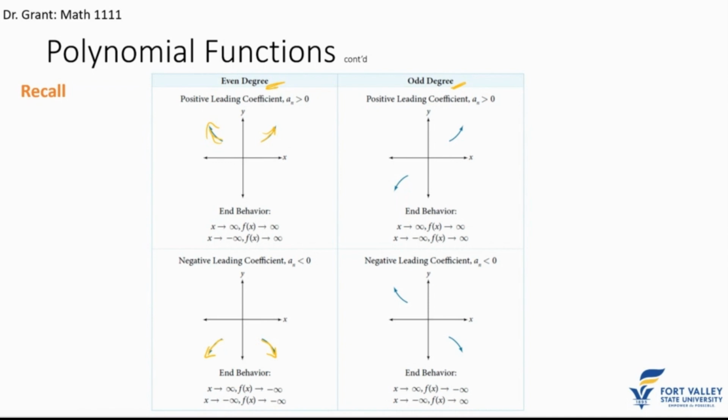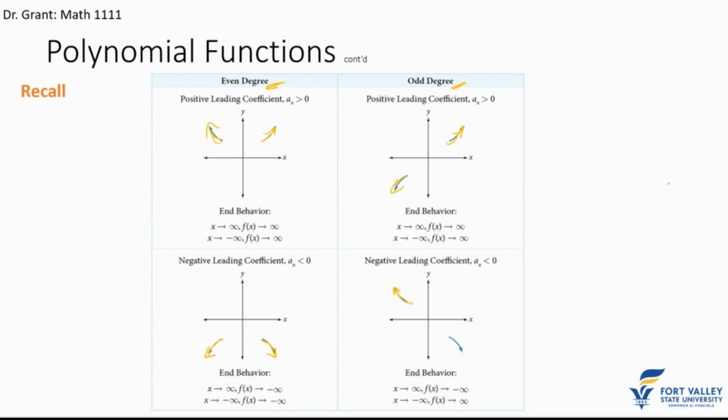Now, if we have an odd degree and a positive coefficient, then the right side goes up and the left side goes down. But if we have a negative leading coefficient and still an odd degree, it switches. The left side goes up and the right side goes down.